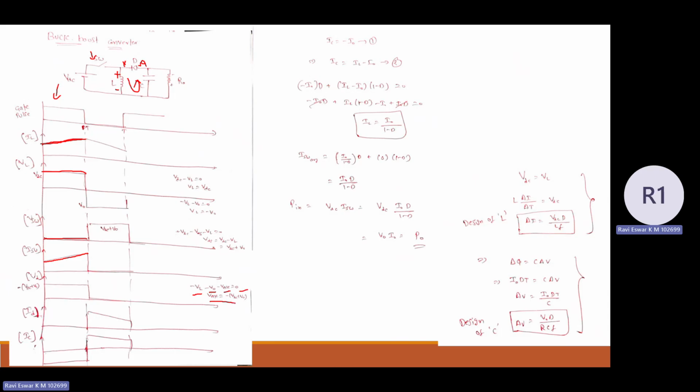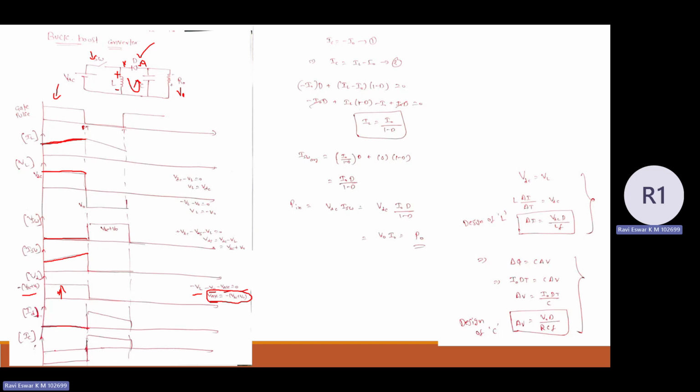From this, the voltage appearing across anode to cathode is minus of VDC plus V naught. This V naught comes across the capacitor also, so the voltage across the capacitor can be taken as V naught itself. So minus of VDC plus V naught is coming across the diode. Since a negative voltage appears across the diode, I can justify that the diode is in reverse biasing mode, so the diode won't conduct. As it is not conducting, the current through the diode is 0.